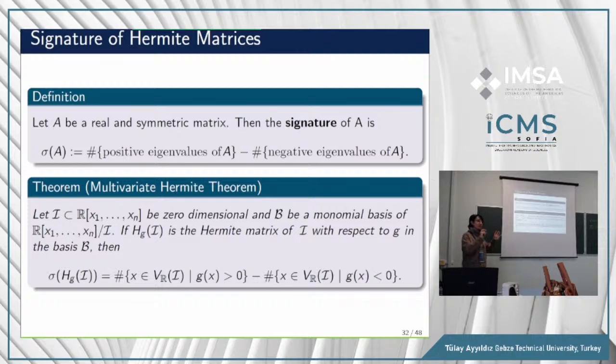So every single Hermite matrix is based on some given ideal and an auxiliary polynomial. That auxiliary polynomial has a really interesting role. So the number of real roots that make that auxiliary polynomial positive, minus the number of real roots that make that auxiliary polynomial negative.